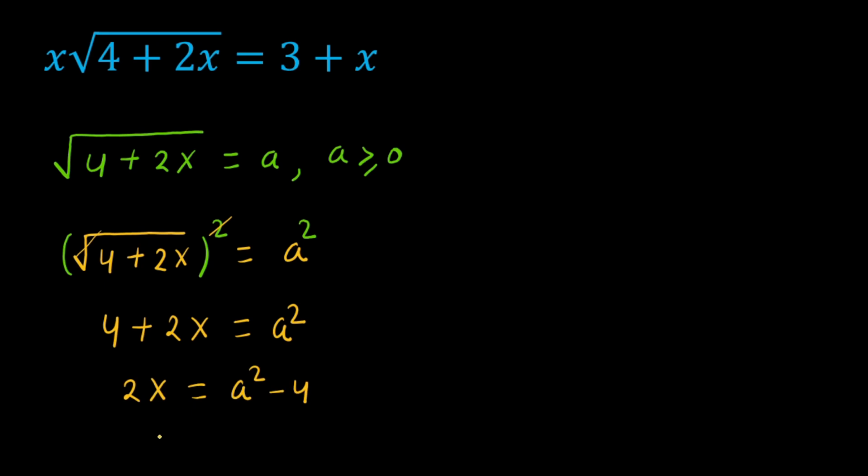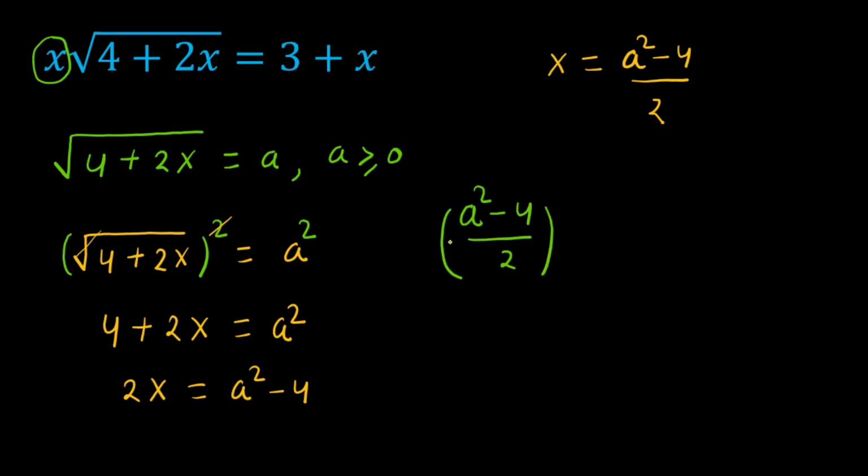Now divide both sides by 2, then you will get x equals a square minus 4 over 2. Now x is replaced by a square minus 4 divided by 2, and the square root expression is replaced by a.